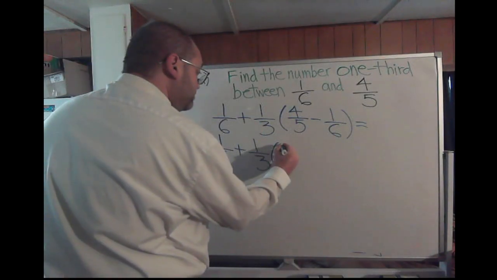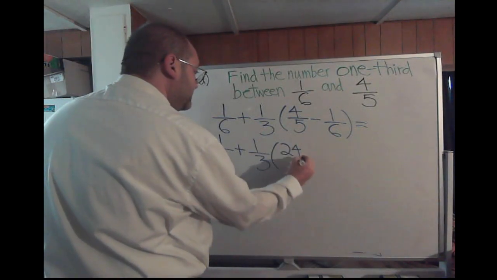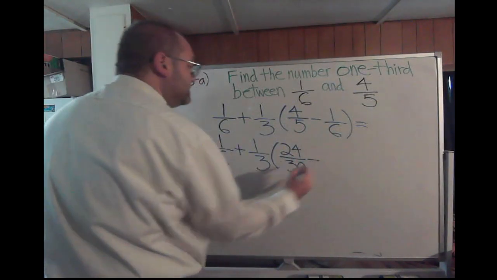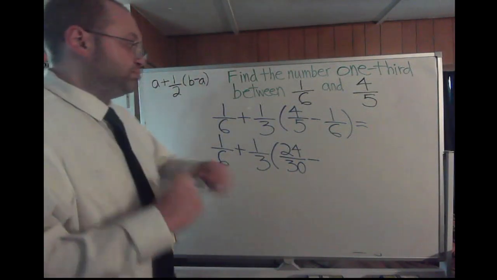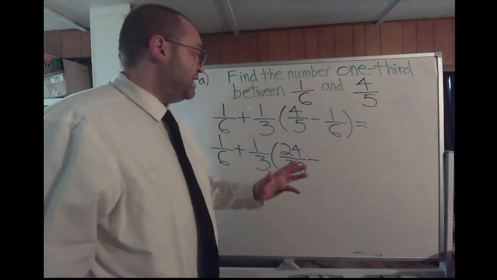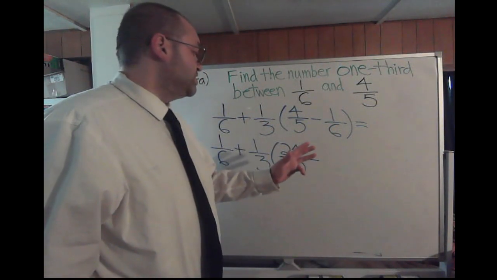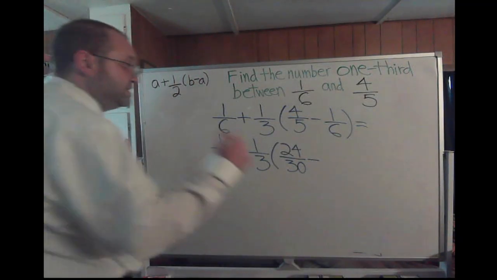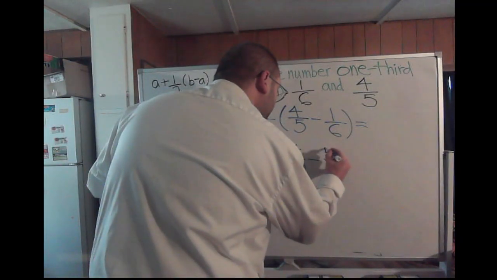If you do that, you'll get 24/30 minus, now you have to multiply the numerator and denominator of the second fraction by 5 in order to get the denominator of 30. If we do that, you'll get 5/30.